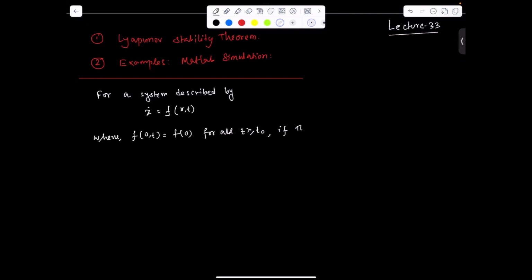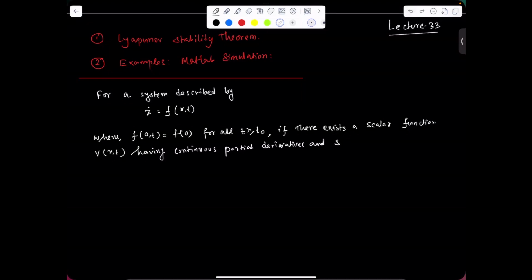Now, if there exists a scalar function V of x, t, which has continuous partial derivatives, and satisfies the following conditions.